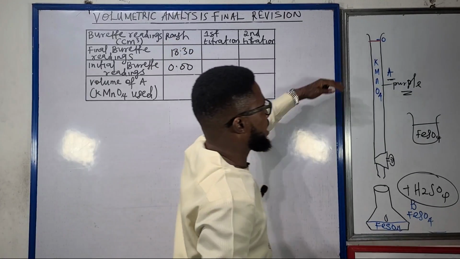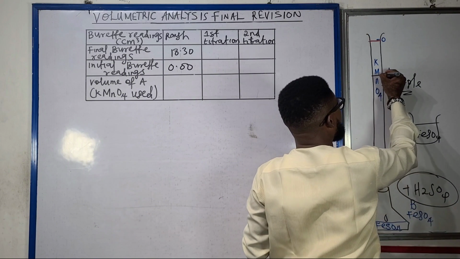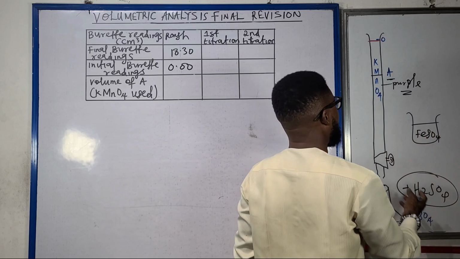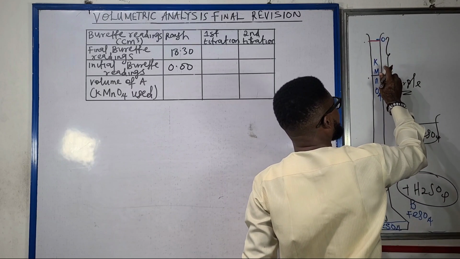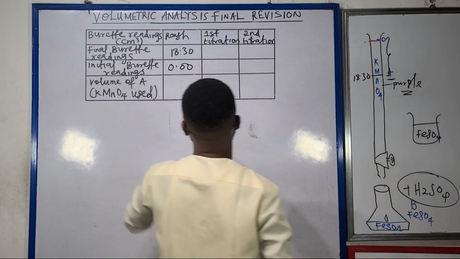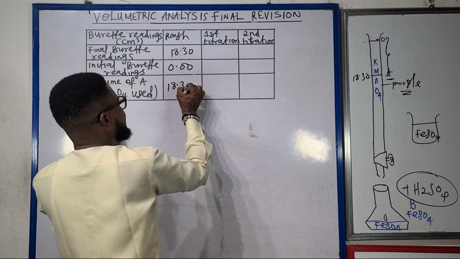So it's like you started running your KMnO4 from 0. When it goes to 18.30, the color changes from purple to a light pink. So this minus this, that's 18.30 minus 0.00. That gives us the volume of KMnO4 used, which is 18.30.